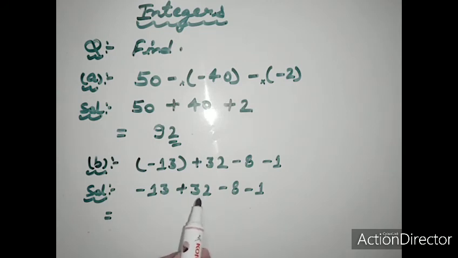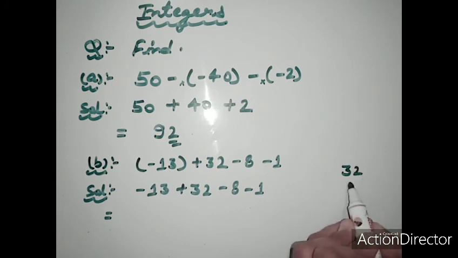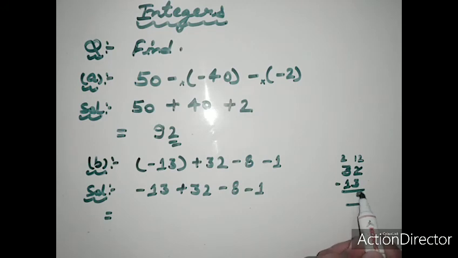And if the greater number has a positive symbol, we put a positive symbol in our difference. Now when we subtract 32 minus 13, we take one borrow from here, so this number changes into 12 and this number changes into 2. 12 minus 3, 9, and 2 minus 1, 1. So here we get 19.